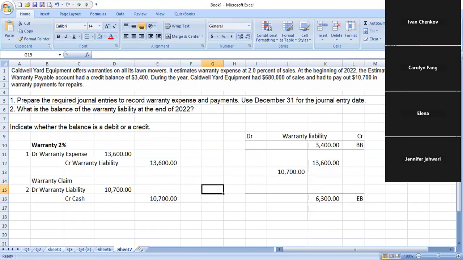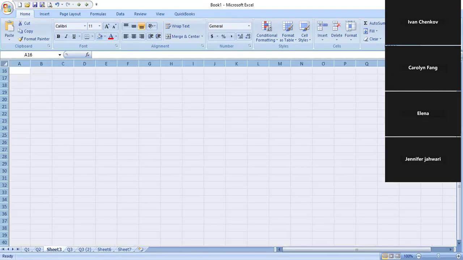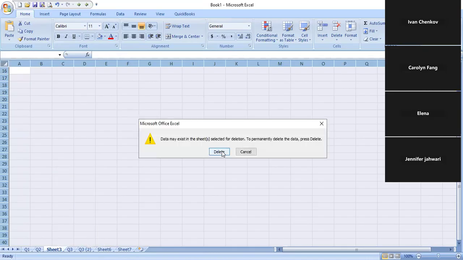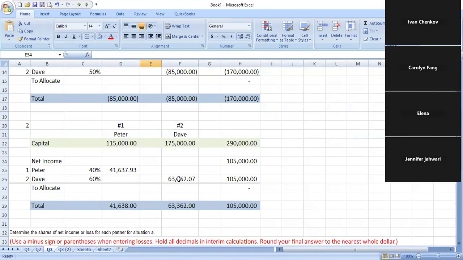So we covered a good number of questions today, which is a good thing. We covered questions from chapter 11, chapter 12, and we have a question from chapter 17. So now we have to go with chapters 15, 16, 13, 14, and 10.